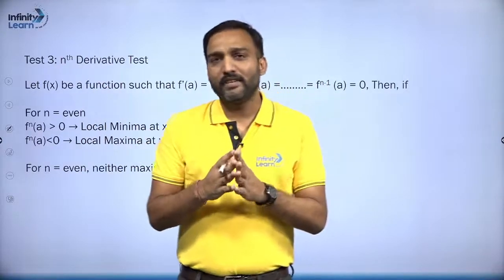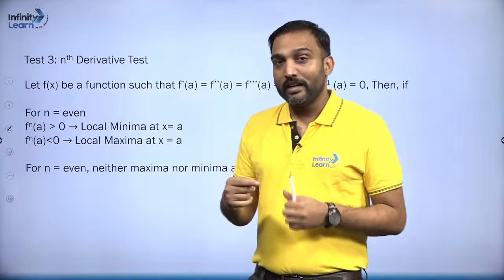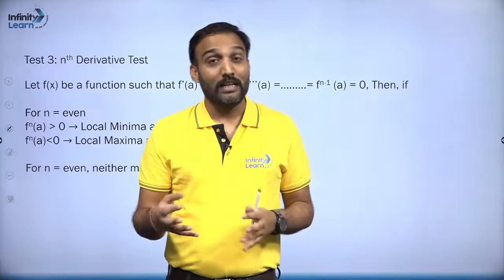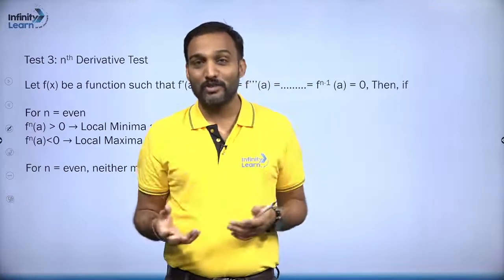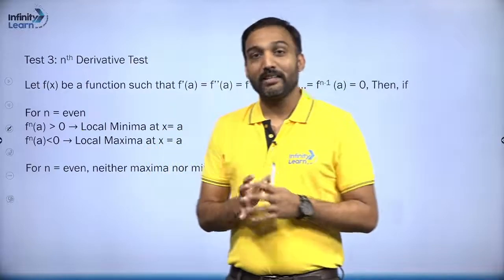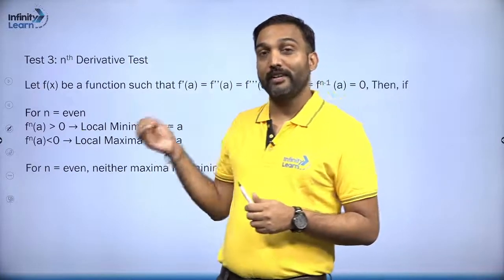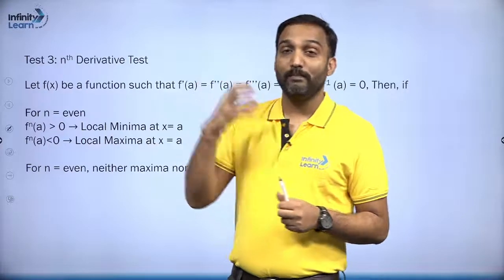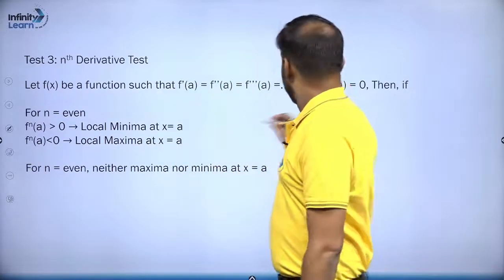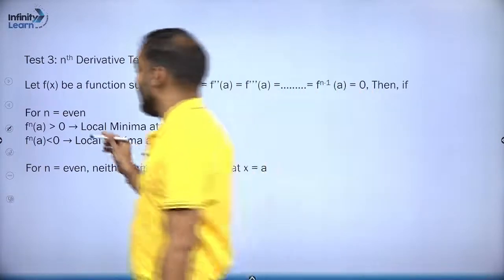So, the nth derivative test says if dy by dx is 0 and d2y by dx square is also 0, let's say d3y by dx cube is also 0, what will you do? So the nth derivative test says if you are finding the derivative 0 and after a certain number of derivatives, let's say you figured out f^n(a), right?